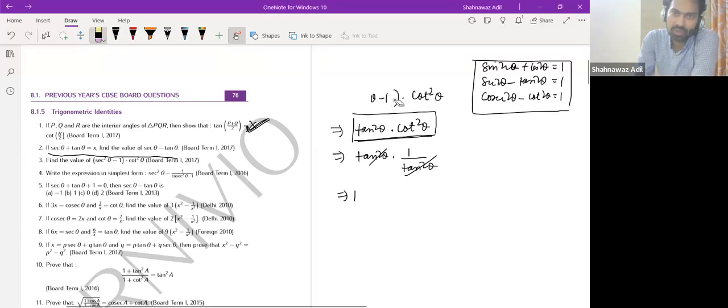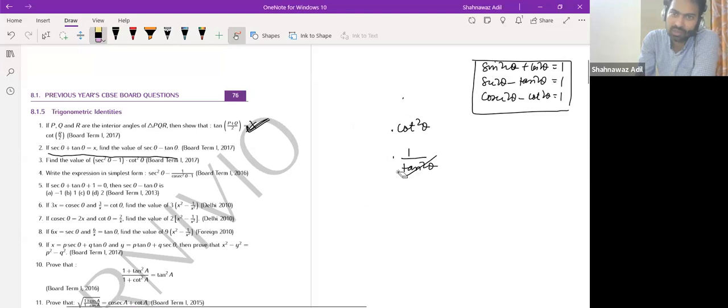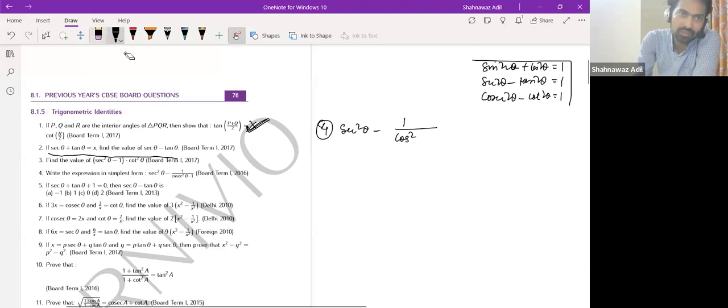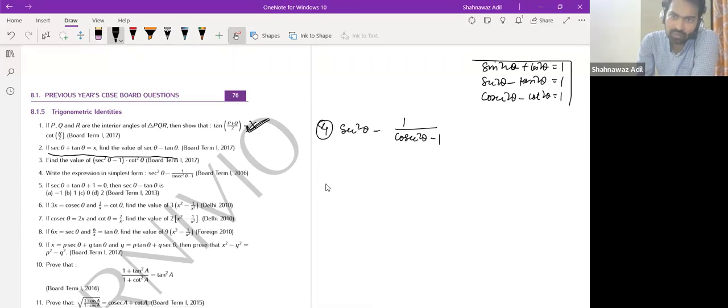Okay, so now let us solve the other. So this is sec square theta minus 1 by cosec square theta minus 1.